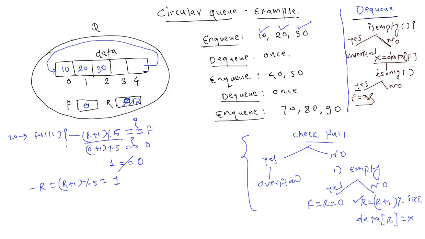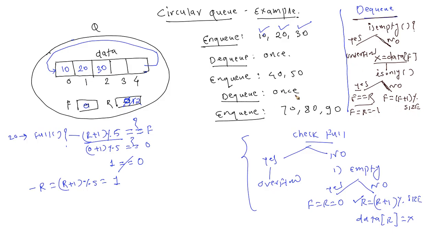And when F and R are not the same, the queue contains more than one element. So if there is only one element and I have just now removed that, then I'll set F and R to -1, right? And if there are more than one elements, I'll simply increment F by +1 in the circular fashion, F +1 mod size.